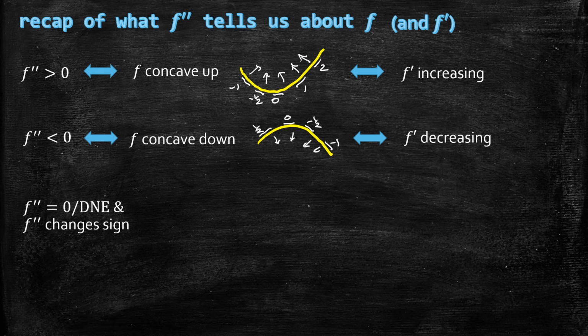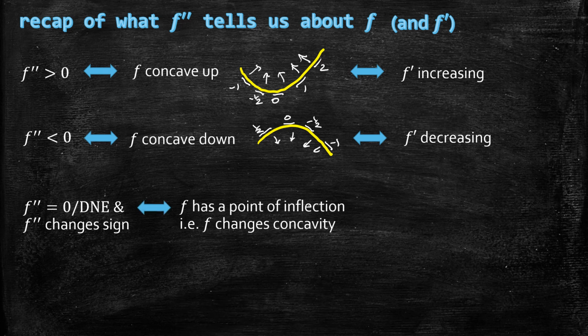So here we have what happens when f double prime equals 0 or DNE and f double prime changes sign. Obviously that means we have a change in concavity, which means we have a point of inflection. So here we have an inflection point, and we can see that the concavity changes from down to up.